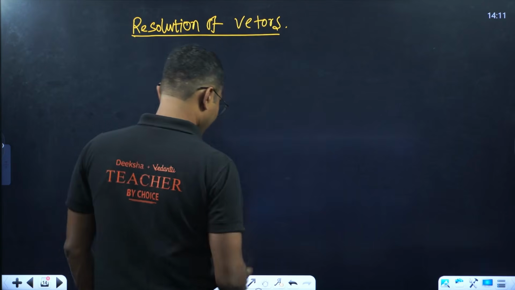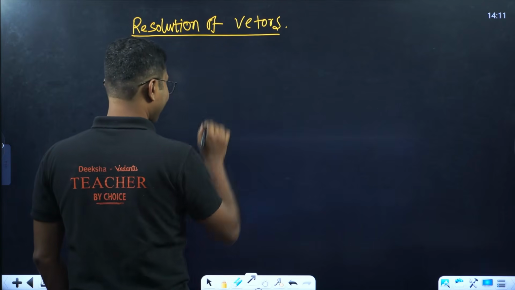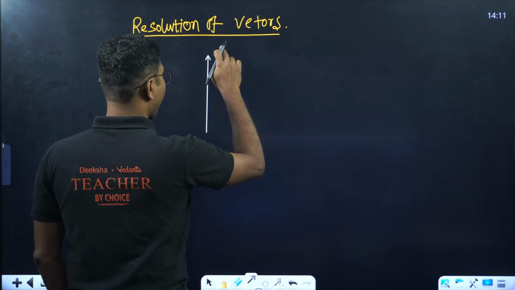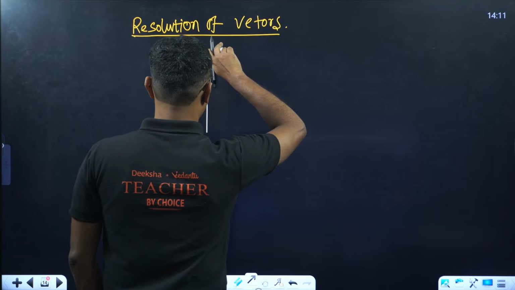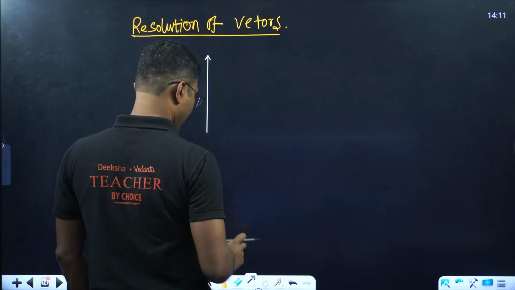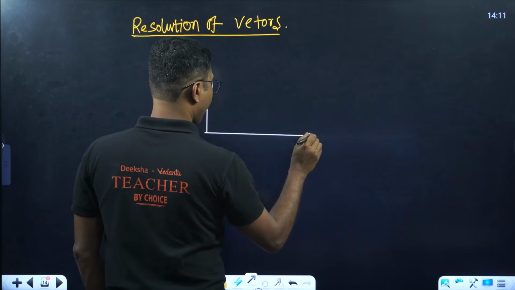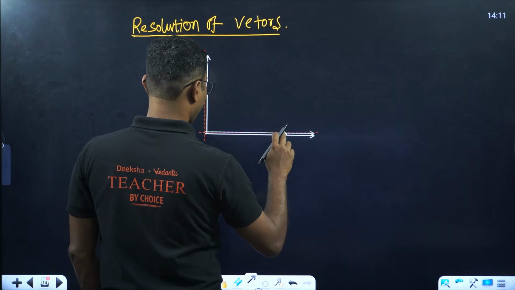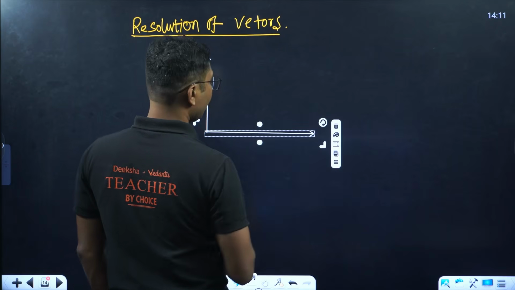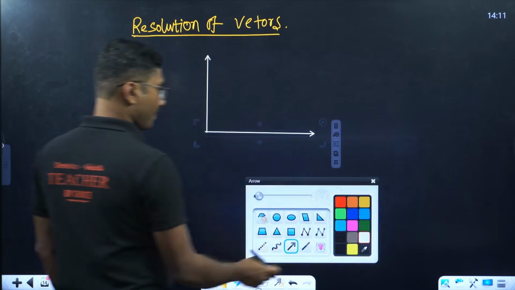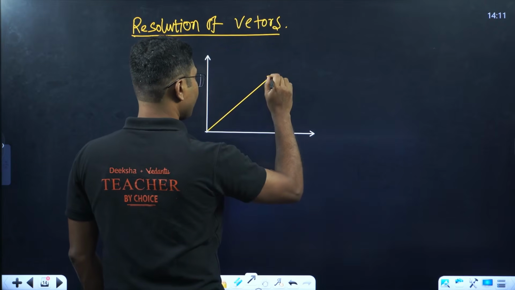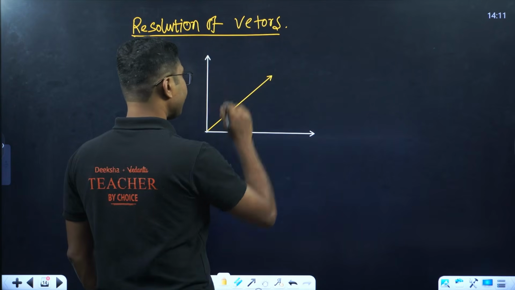Basically it's not the same resolution, but anyway, suppose this is my x-axis, and this is my y-axis. Now we have one very simple vector, very cute vector, which is this. We are calling this, say, vector a.